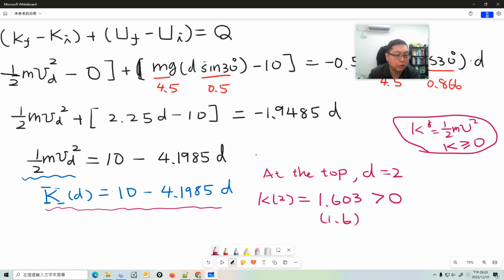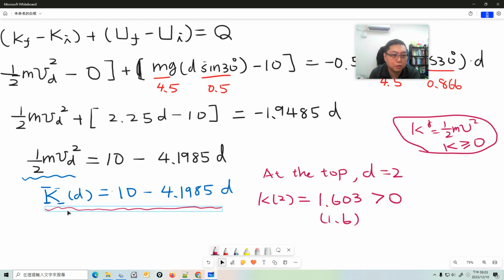If you put some d in there and find it's negative, that means the friction dissipated all the kinetic energy. So a negative value here means just zero.